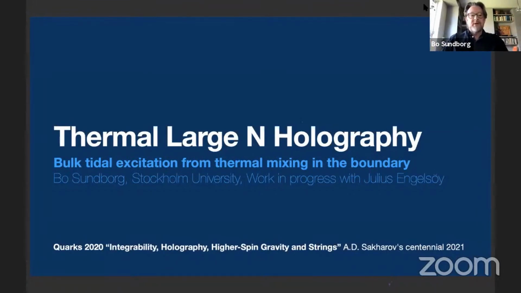In particular, I'll talk about extracting information about somewhat complicated features of the bulk, tidal excitation for motion around a compact object, from thermal mixing in the boundary. This is work in progress with my PhD student Julius Engelsøy.